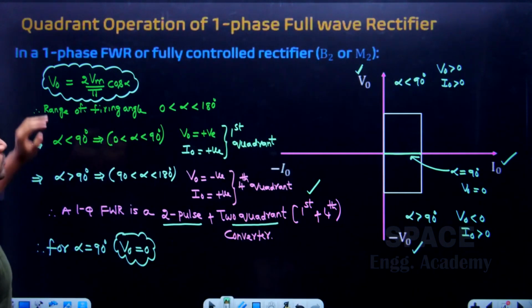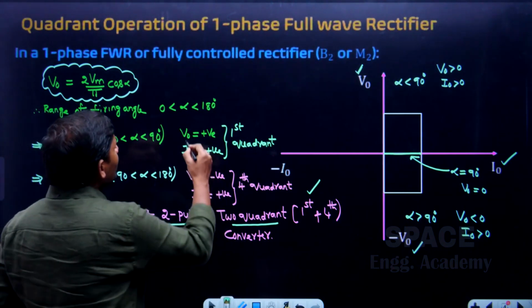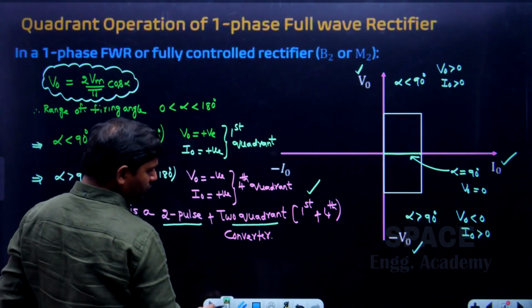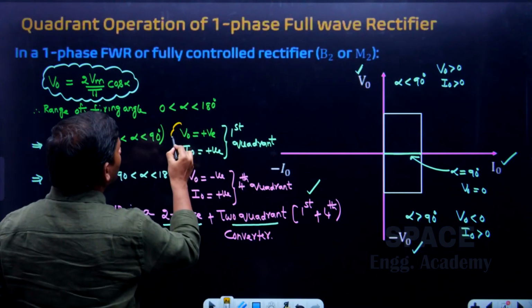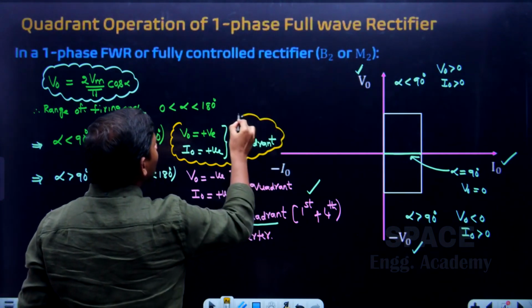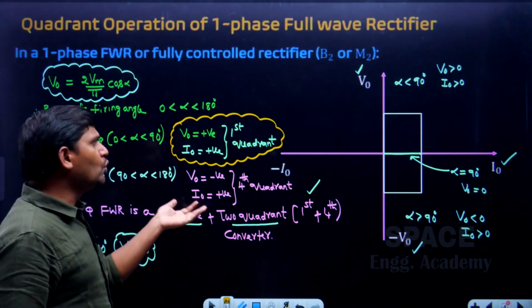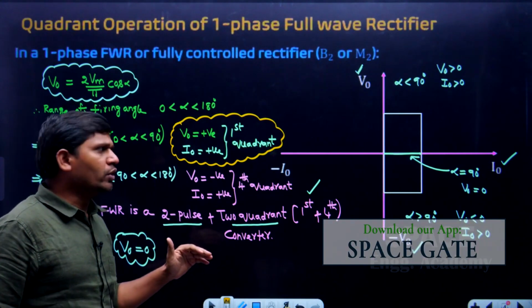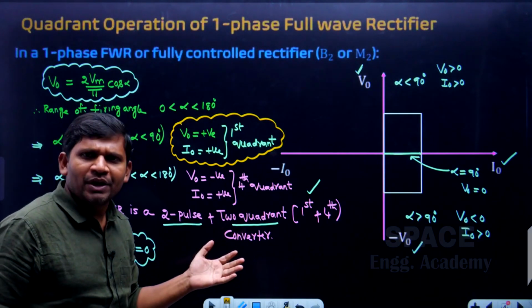See, students, for alpha less than 90 degrees, V naught positive, I naught positive, power is positive. Power is positive means conventional power direction: power is delivered from source to load. Then it is used for which application?